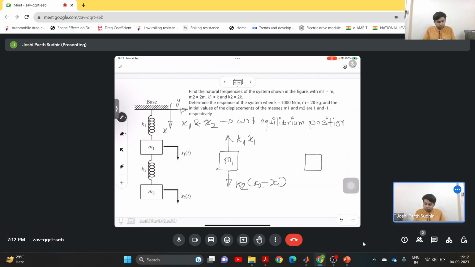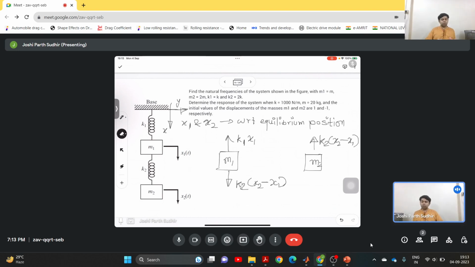Similarly, the free body diagram for the mass m2 will have the force K2 into (x2 minus x1) acting.